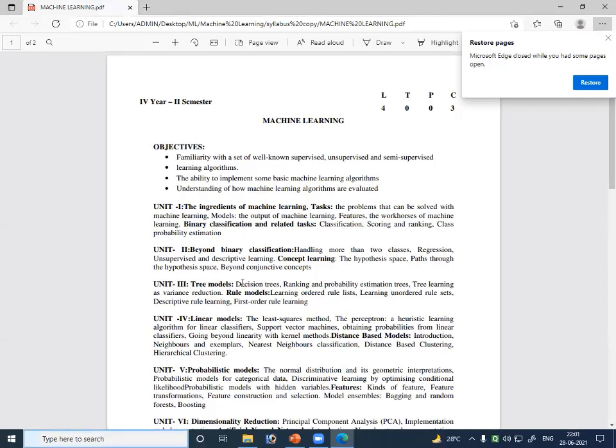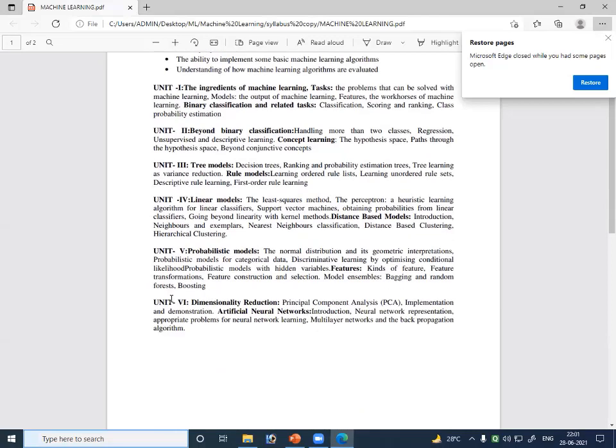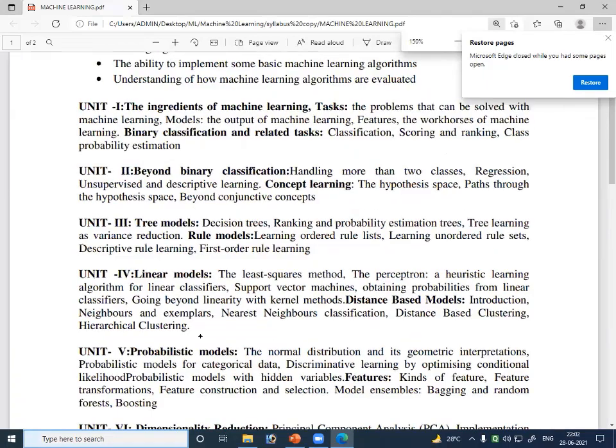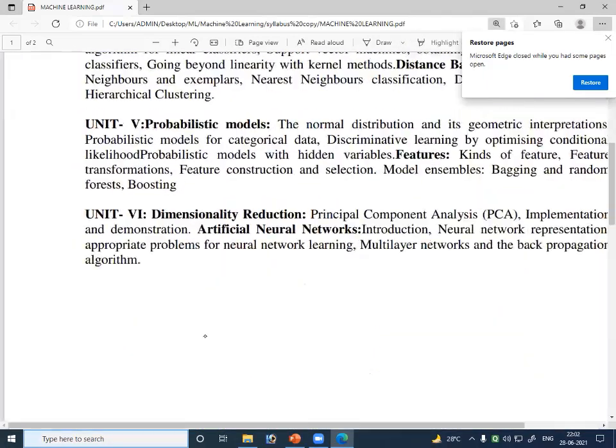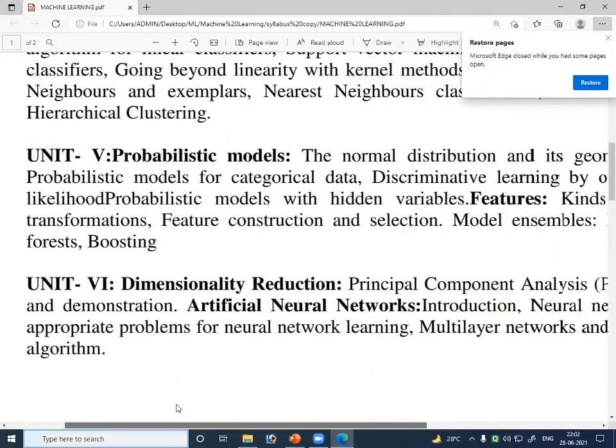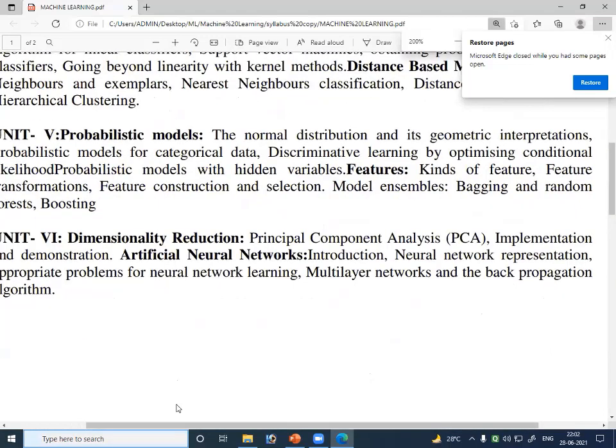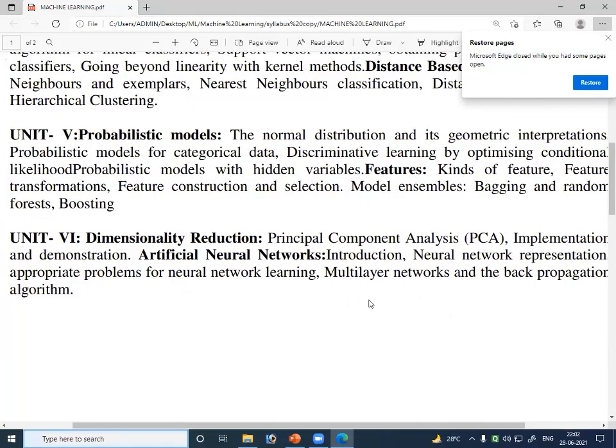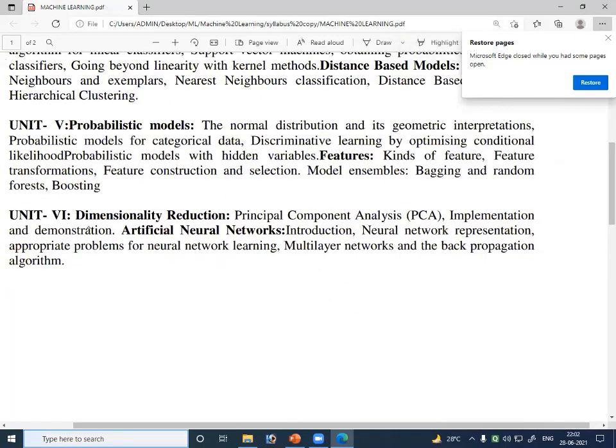Unit 6 comprises dimensionality reduction.